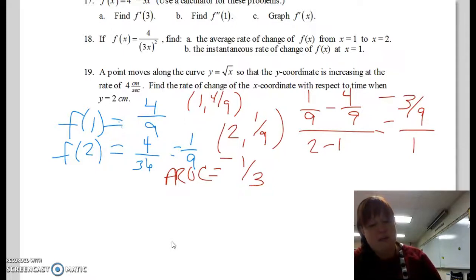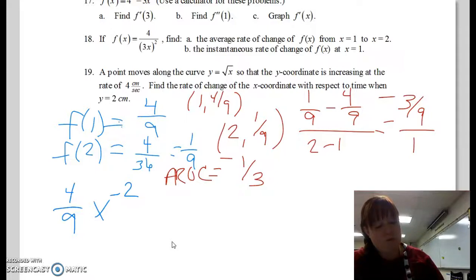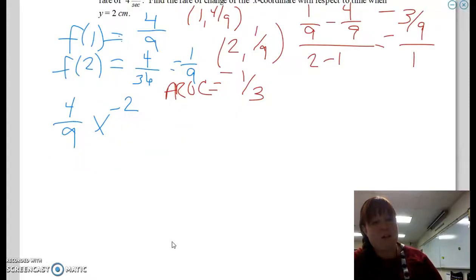All right, and then the second thing asks us to find the instantaneous rate of change. Instantaneous rate of change is the derivative, right? It's the slope of the tangent line at a given point. Okay, so let's rewrite this as 4/9 times x to the negative 2, because that's the best way for us to differentiate this. And then we're going to bring the negative 2 down.